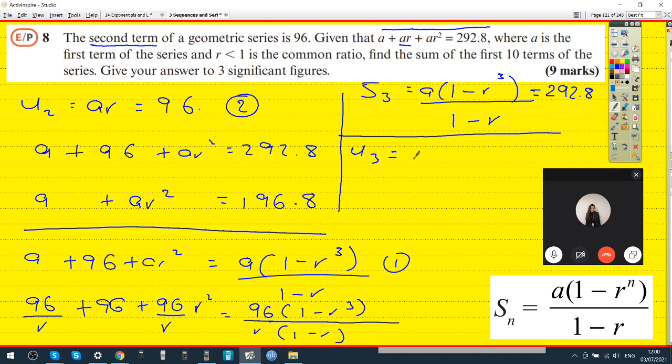That's not really helpful, is it? There are three unknowns. That's what's happening here. We need a third equation. What are we missing? The sum to three terms.